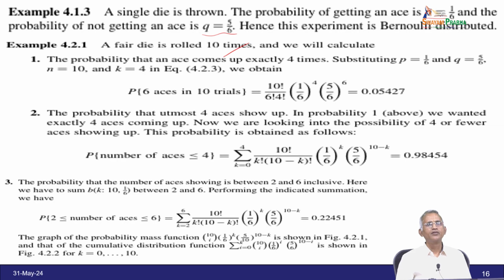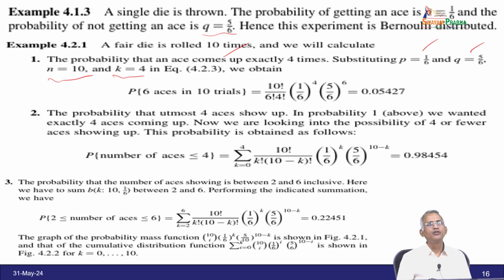So, here p equal to what? The die is rolled, one face we get is 1 by 6 and not getting the face is 1 minus 1 by 6 is 5 by 6. Therefore, p and q we can write directly, and the die is rolled 10 times, therefore, n equal to 10. So, obviously, it is a Bernoulli trial and exactly 4 times ace comes, therefore, k equal to 4.